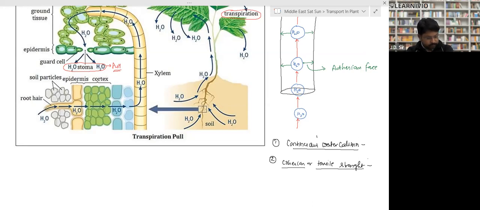Full stop. Therefore, cohesion force is also called tensile strength. Full stop.